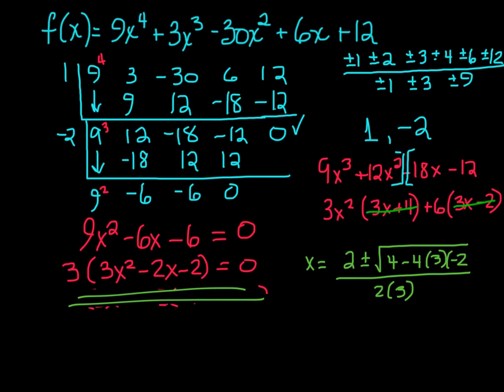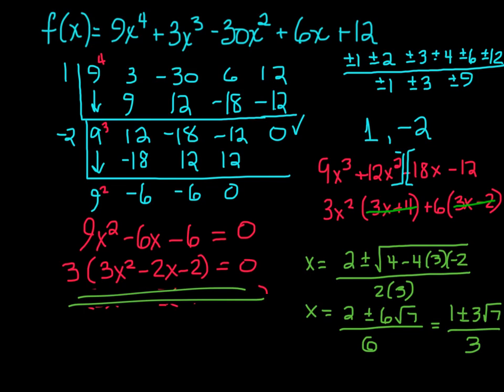So when I solve this, I'm going to get x equals 2 plus or minus 6 root 7 all over 6. And I see that I can divide a 2 into each of these. So my final answer is going to be 1 plus or minus 3 root 7 over 3.